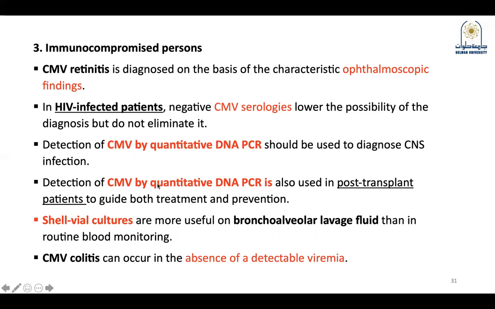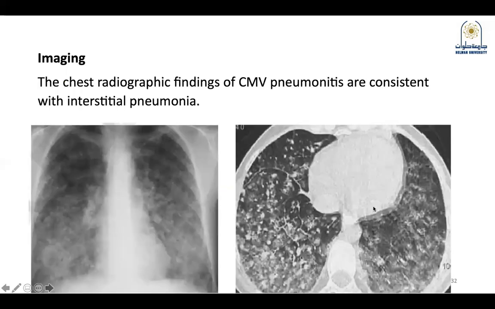Also, the PCR is very helpful in the immunocompromised patient post-transplant to guide the treatment and the prevention. As we mentioned, it depends on the status of the donor and recipient to start the treatment, and also, if they receive the treatment, when to stop, depending on the negative viremia in the post-transplant situation. These are the radiological features of CMV pneumonitis, which is very fatal, 60 to 80%.